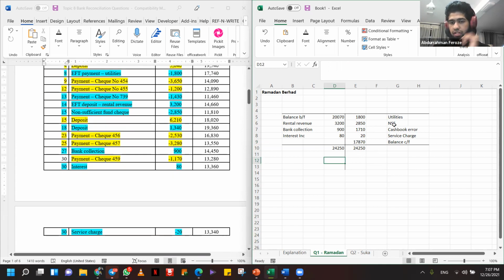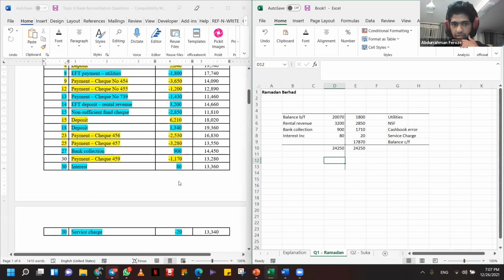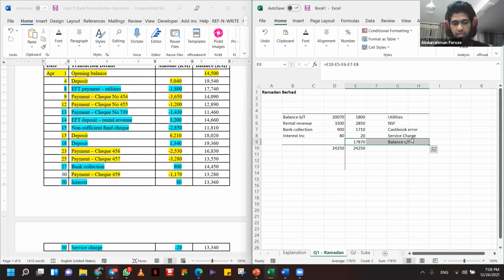And we have reduced from the company's cash book all the expenses that the bank has paid but the company has not recorded, which is utilities, the EFT deposit, this one, and the cash book error and the service charge. All right. Is that clear? Do you guys understand how this was done? This is the adjusted company cash book value, 17,870. Was that clear?